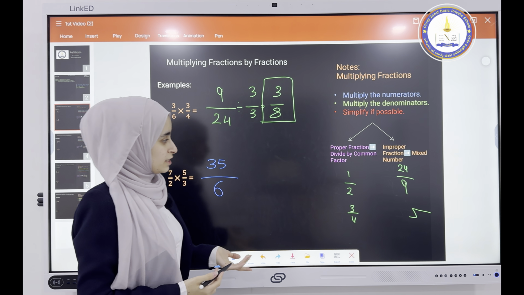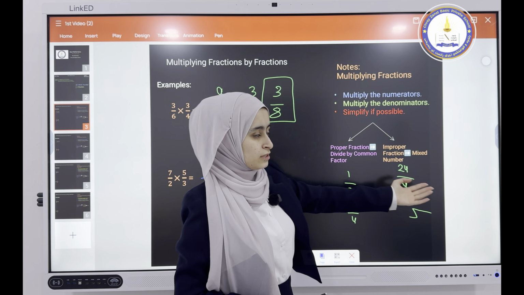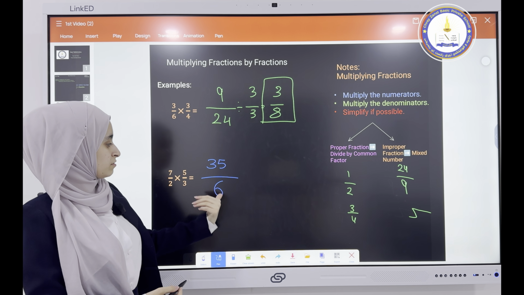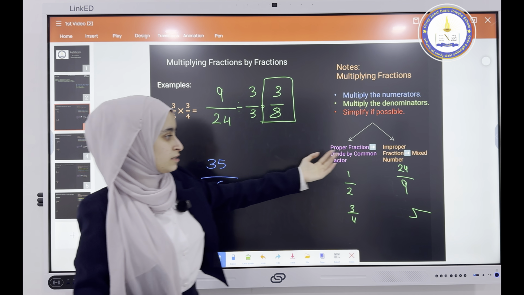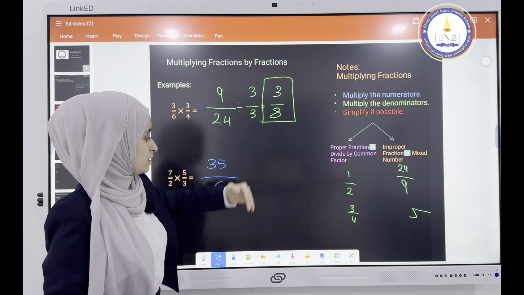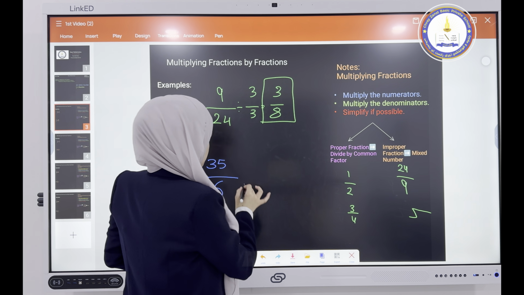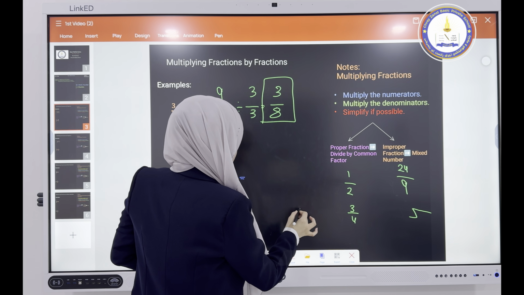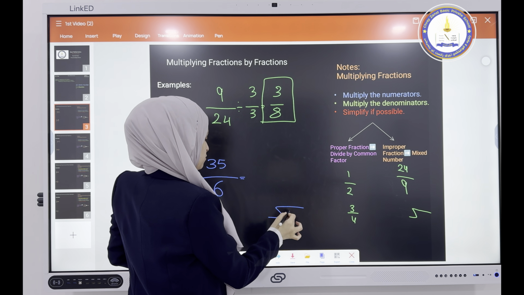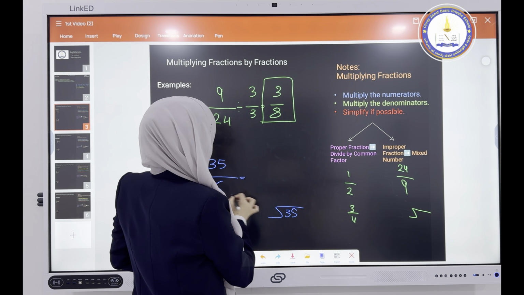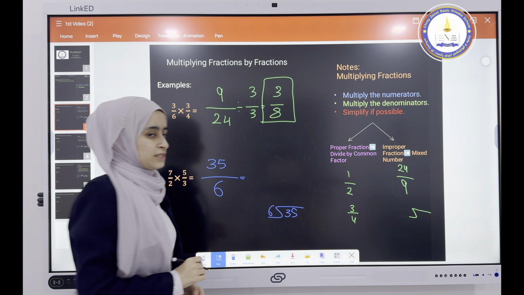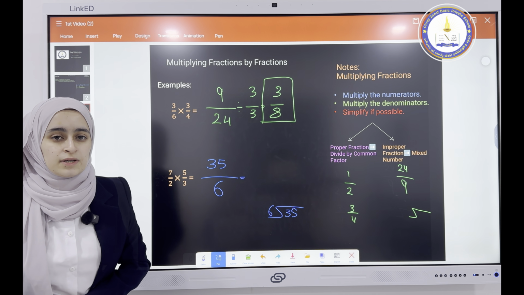Now let's simplify. Is it proper or improper? 35 over 6. It's improper because the numerator is greater than the denominator. So let's do it here. 35 should be inside and 6 should be outside. Then 35 divided by 6.